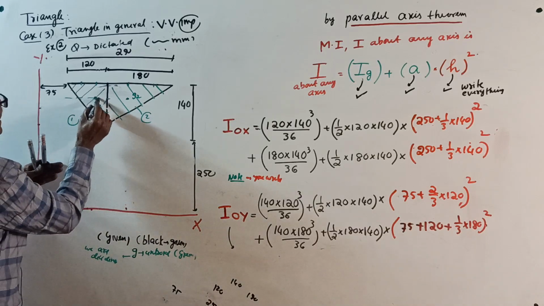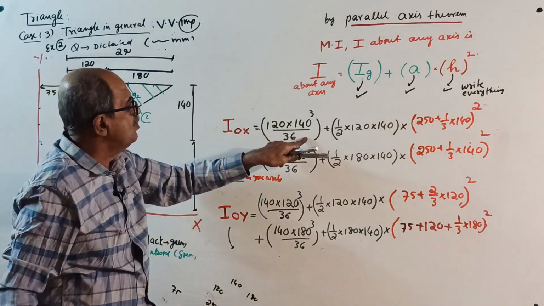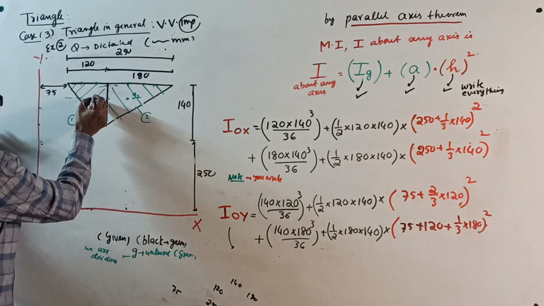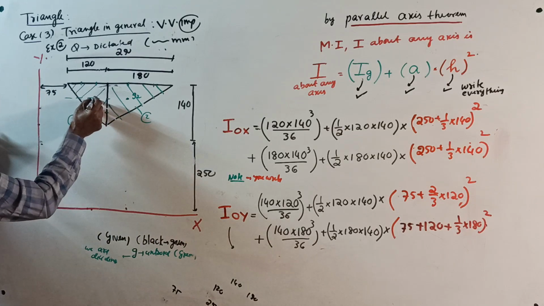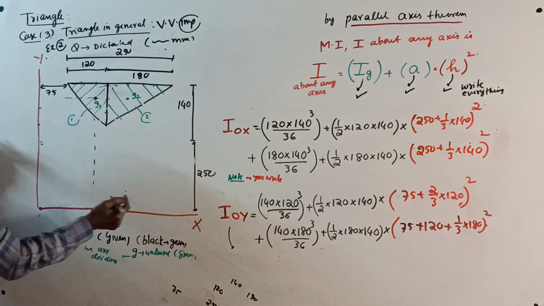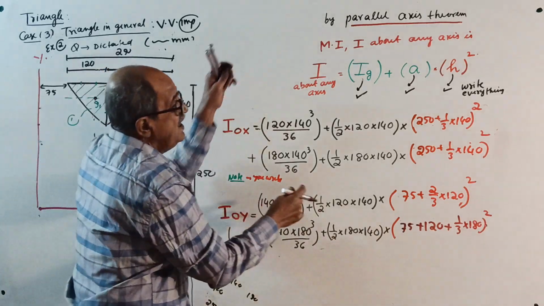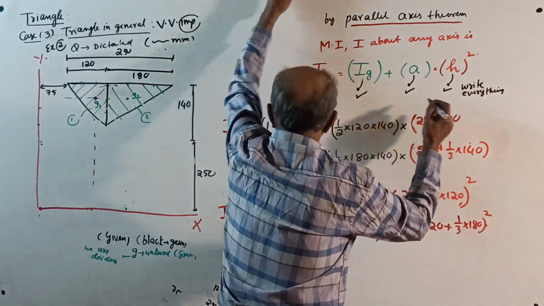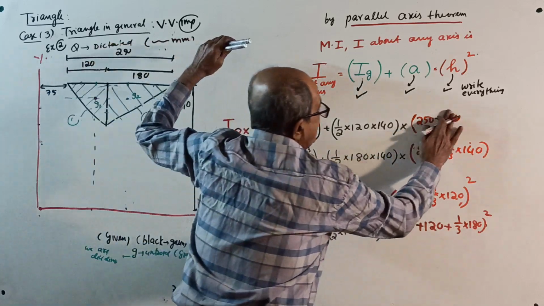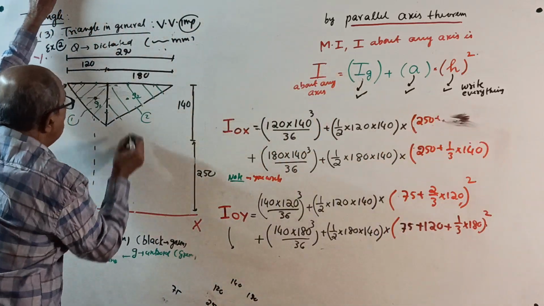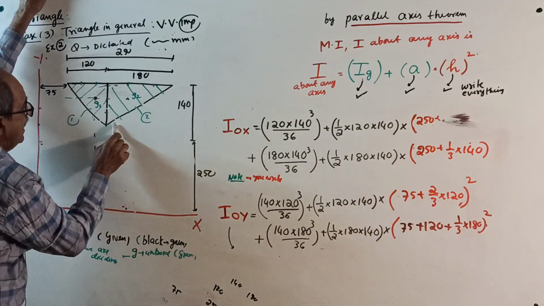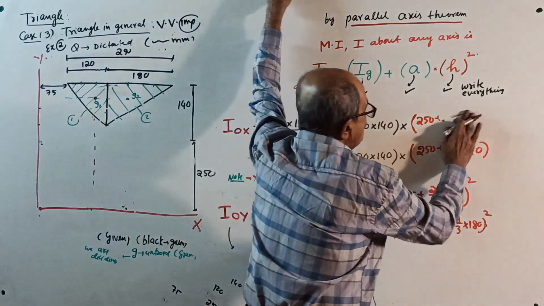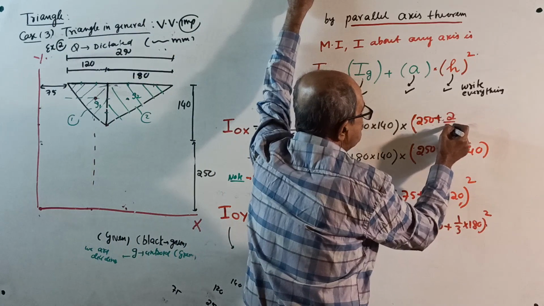I about its own axis, 120 into 140 cube by 36 plus area into, see now, from centroid to here, this distance square, that distance is 250, you can directly do it here, from here to here is 250 up to here, plus this is 2/3 of 140. 250 plus 2/3 of 140.